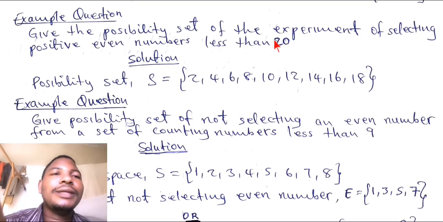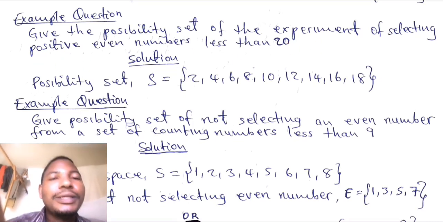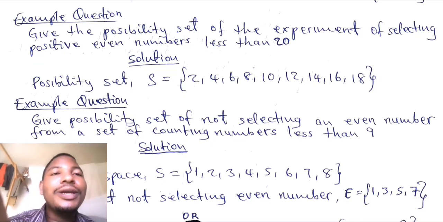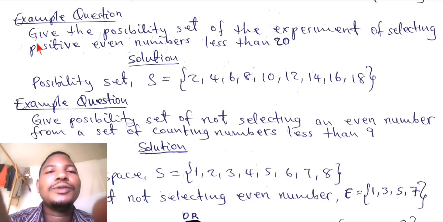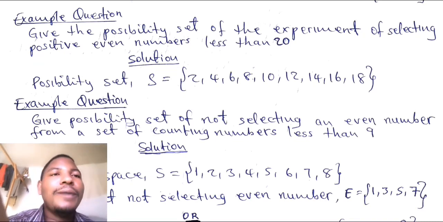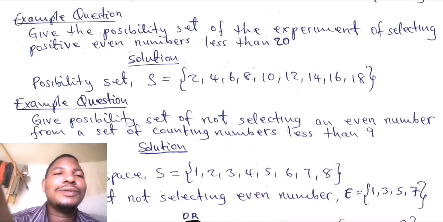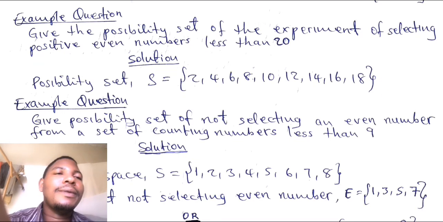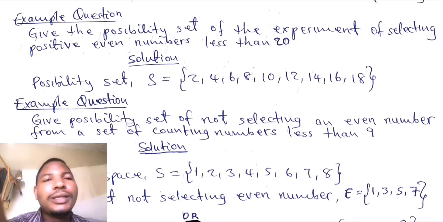When you're talking about numbers less than 20, there are a lot of numbers, from negative infinity up to 20. But since he says it's supposed to be positive, that is from 0 up to 20. But he said it is even number, that's why you're supposed to choose 2, 4, 6, 8, and so on, up to 18.